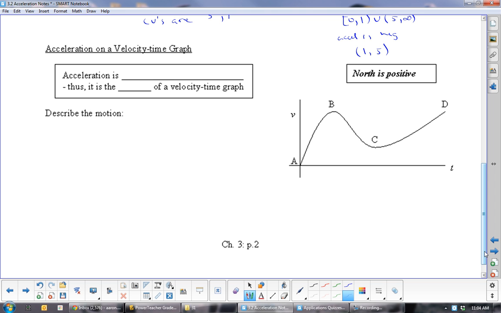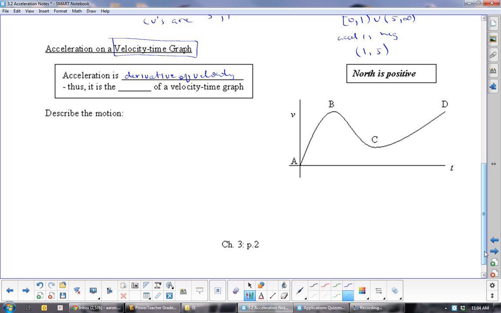Now let's talk about the acceleration on a velocity time graph, okay? Anything that is going to mess you up is if you don't read what it is. Because if this was a distance time graph, obviously we would read it very much differently, and they're the harder ones to read when it comes to acceleration. You've got to know more information, and we'll talk about that next. The velocity time graph is the easiest because acceleration is the derivative of velocity.